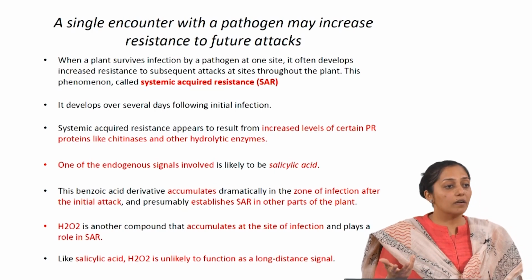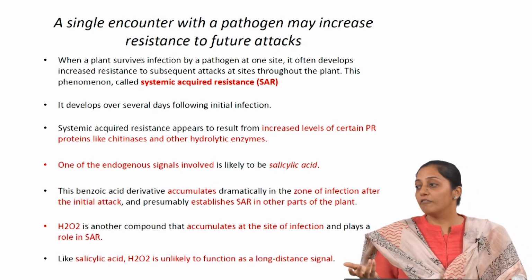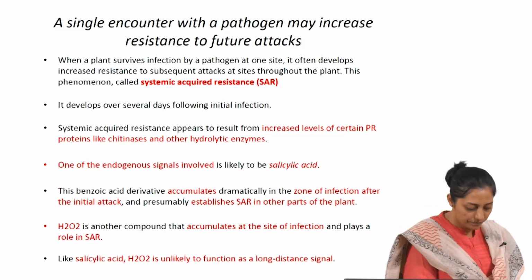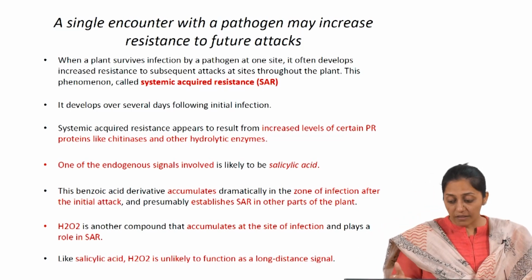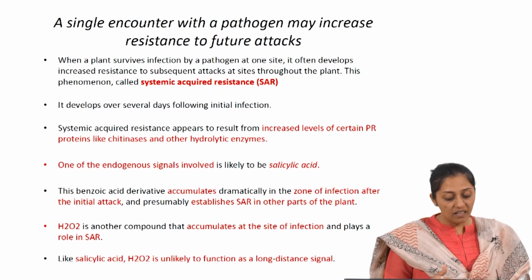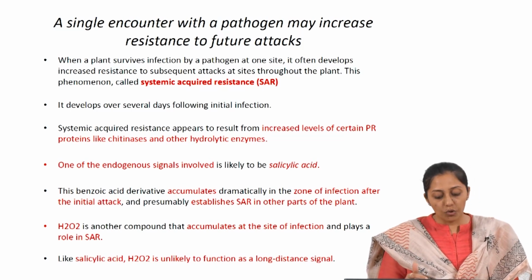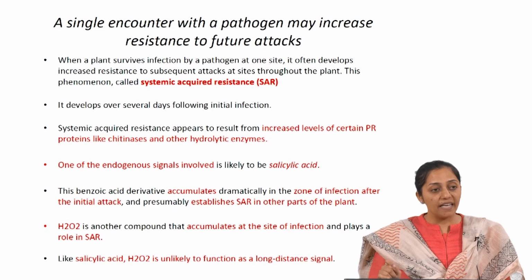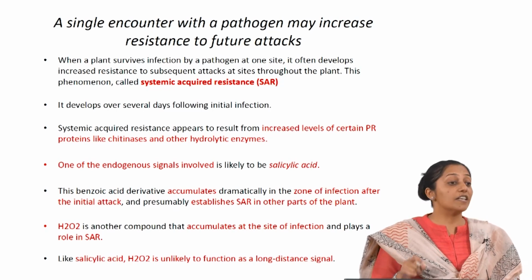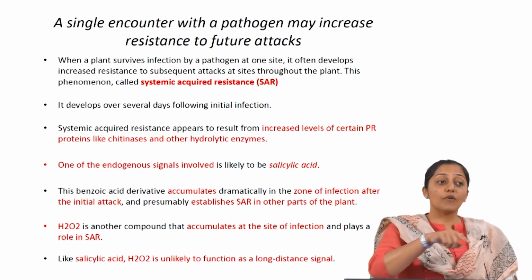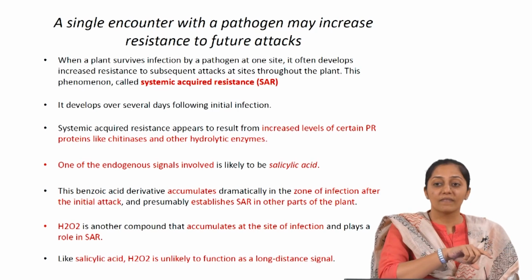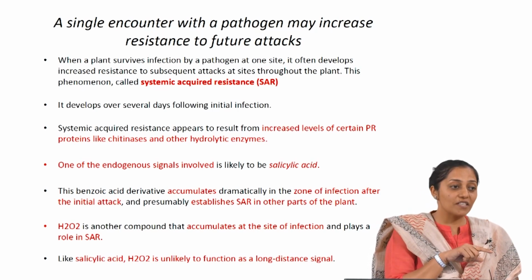By inducing what? By inducing the production of PR proteins. Another such signal is H2O2. H2O2 is another compound that accumulates at the site of infection and plays a role in SAR. This is also linked to what I was talking about, reactive oxygen species.